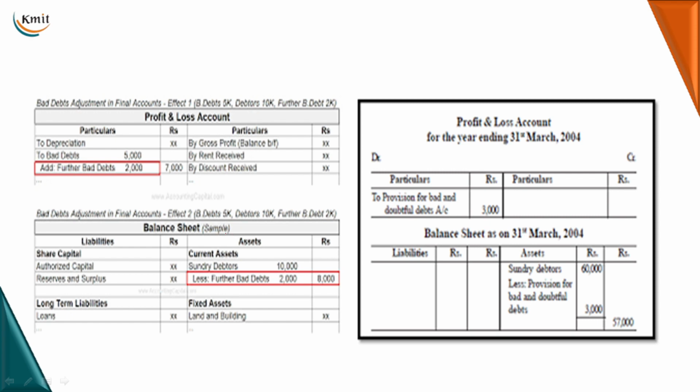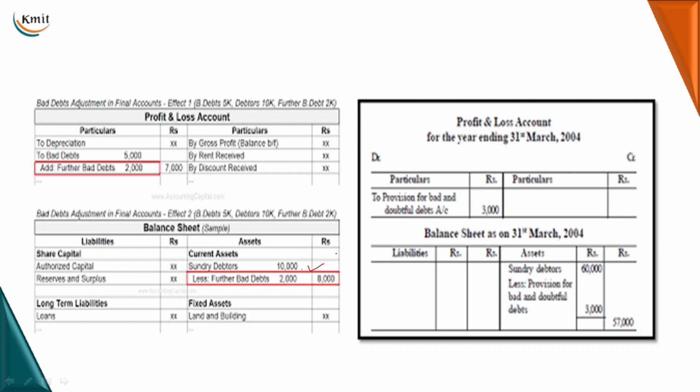When bad debt is given to you as an adjustment, basically this will be done with respect to the debtors. So the adjustment will be done to the sundry debtors. Sundry debtors are those from whom the payment is supposed to be received by the firm.